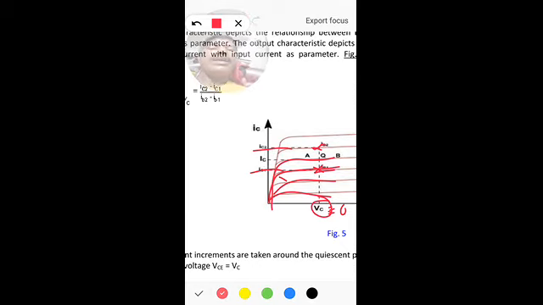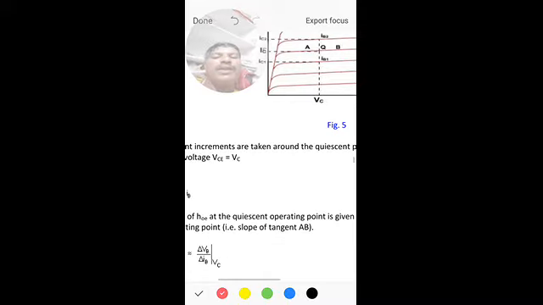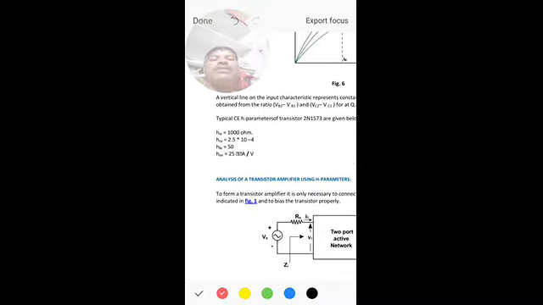So we can write the equation of forward current gain: HFE is the ratio of IC2 minus IC1 by IB2 minus IB1, keeping VC constant. Like that we can find the H parameters of the transistor.